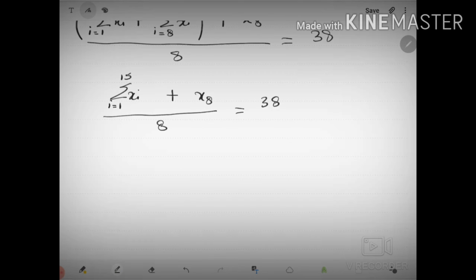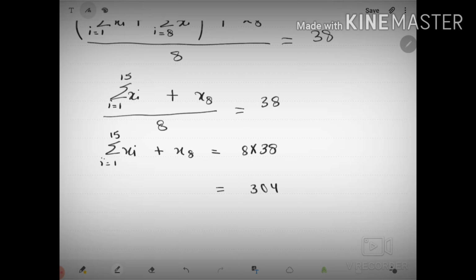Now, after having all the 15 observations together, this is the sum we have written over here. We'll write sigma xi, i equals 1 to 15, plus x8 equals 8 times 38, taking the 8 to the right hand side, and in the next step this can be written as 304.